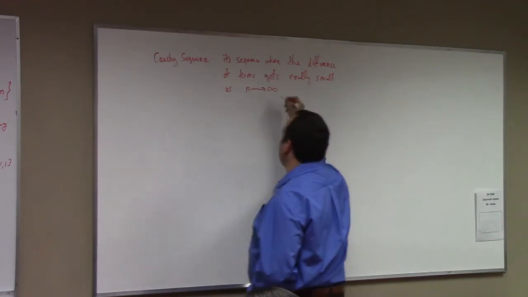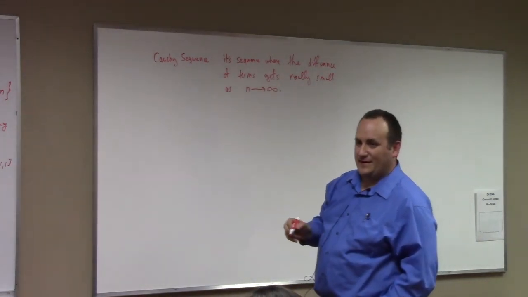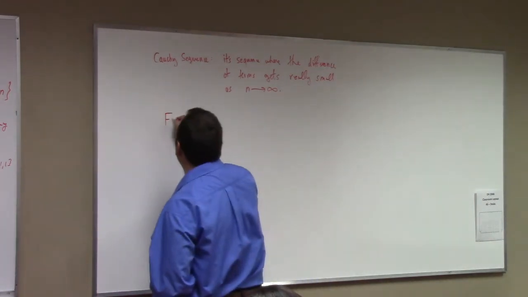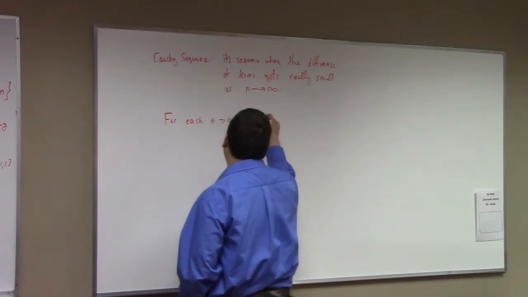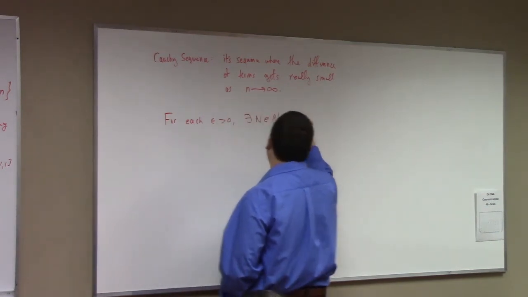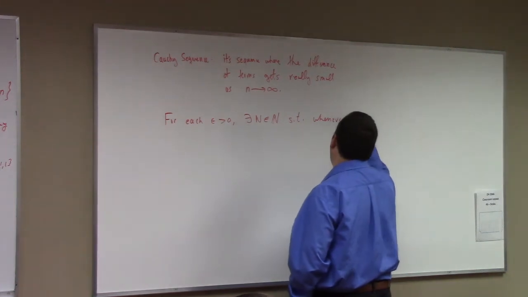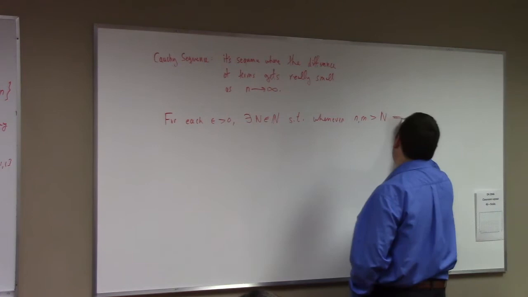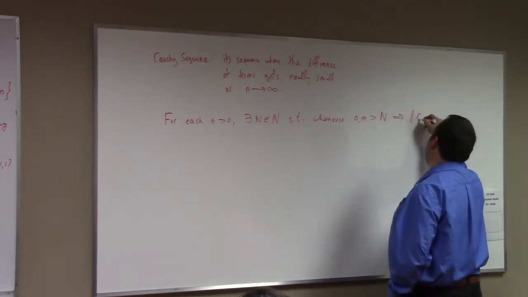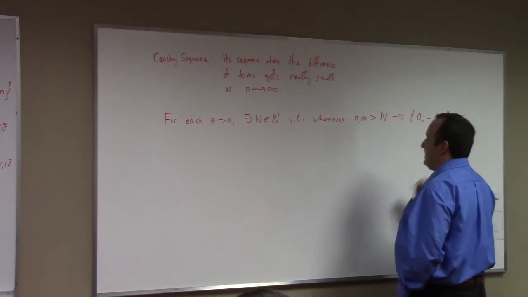After I write that sentence out, I guess it just makes more sense to give you the mathematical definition. For each epsilon greater than 0, there exists an N in the natural numbers such that whenever n and m are greater than N, that implies that the norm of a_n minus a_m is less than epsilon.